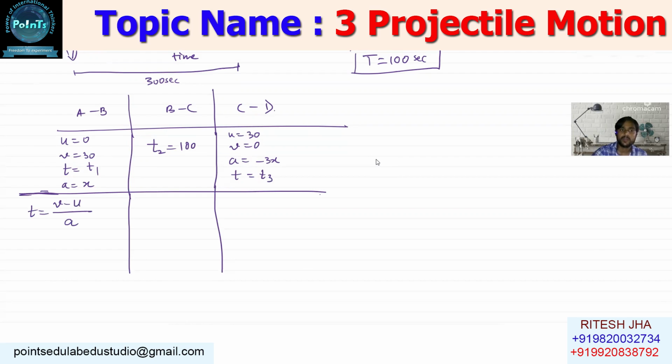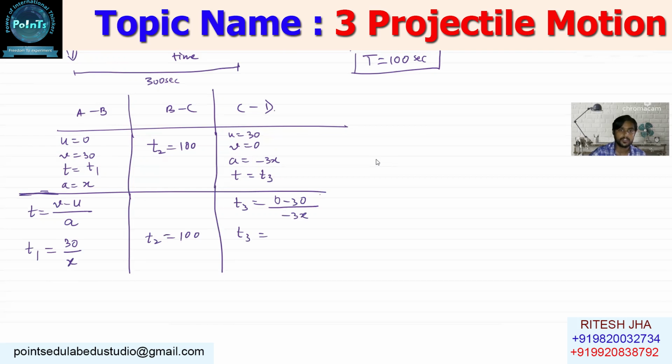So you'll be getting the value of some expression of t in terms of x, because we know the total time, and we know this part is 100 also. So we can write that T1 is equal to 30 over x, T2 is equal to 100, and T3, the same way, is 0 minus 30, that is v minus u over a, which is minus 3x.